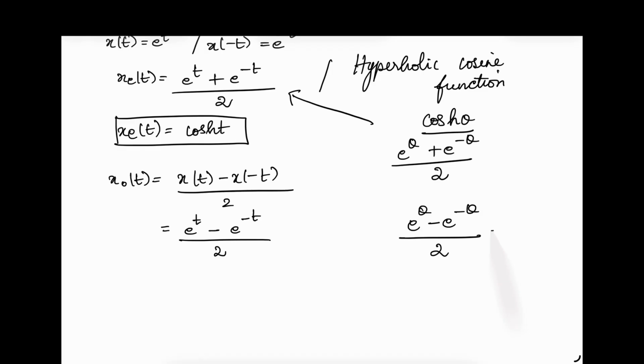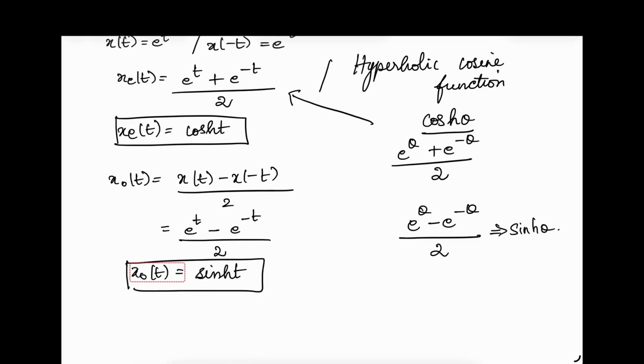So this becomes sin h theta. So what is x odd of t? So x odd of t is equal to sin h t. So this is a hyperbolic cosine function and this will be a hyperbolic sine function. So this is how the formulas for x even of t and x odd of t are substituted and the answer is got for this problem.